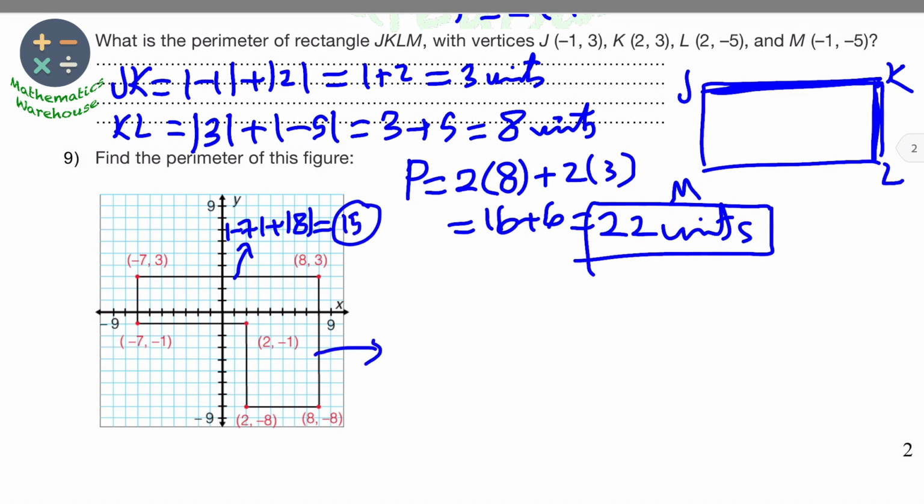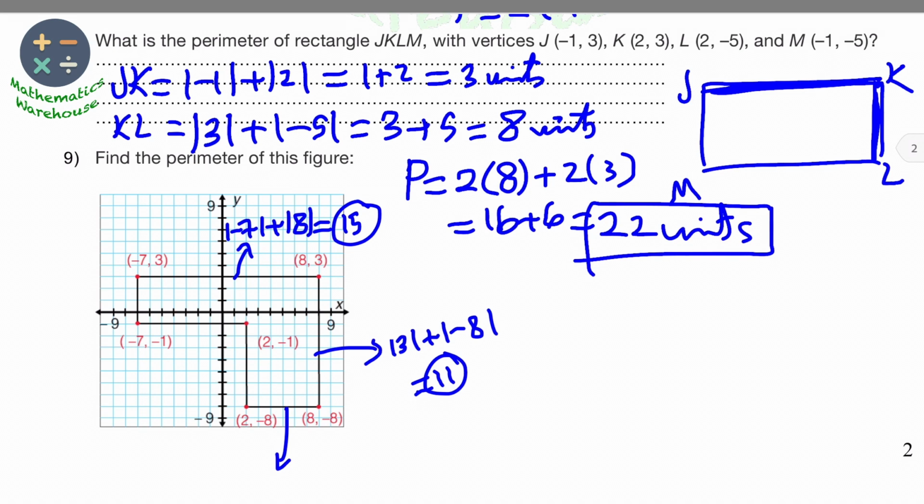For this one, we have the change in y coordinate, so they have different signs. So we're gonna add the absolute value of 3 plus the absolute value of -8, which is 3 plus 8 equals 11 units. And here we have the change in x coordinate, but they have the same sign, so we're gonna subtract.